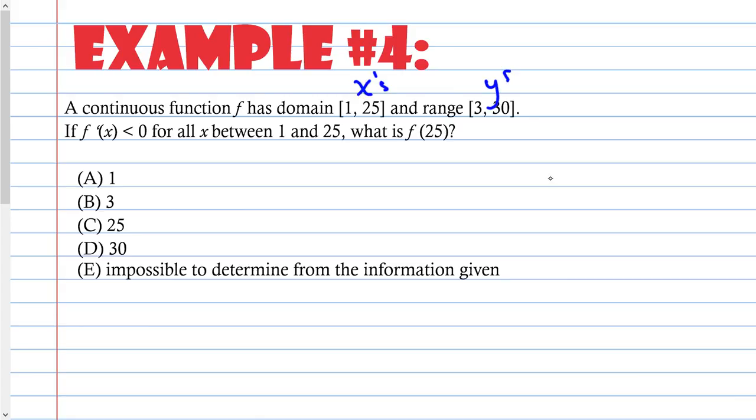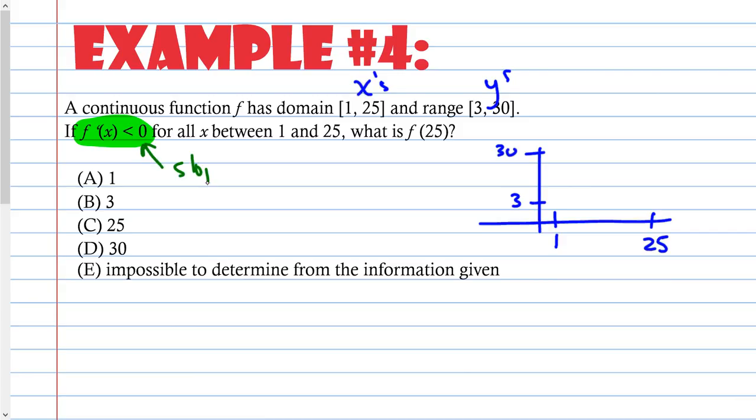So basically, if I were to make some little rough sketch, they're saying that for this function, all the x's that exist are from 1 all the way to 25. And all the y's that exist are from 3 all the way to 30. And then they give us this piece of information that says that f prime is less than 0. My slope is less than 0, which means my slope is negative.